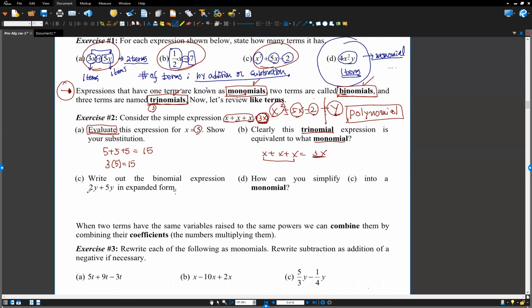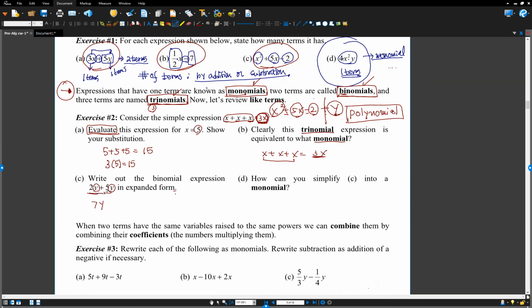This is a binomial. Wow, we cannot use monomial. No, we can't do that. Oh, not 2x. This is y. We change the y. Y, variable, same exponent 1, 1. Now you can change this one. 2 bananas plus 5 bananas total is 7 bananas, 7y.